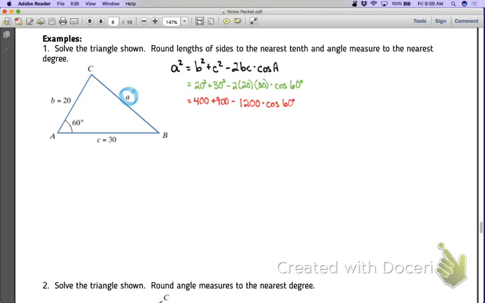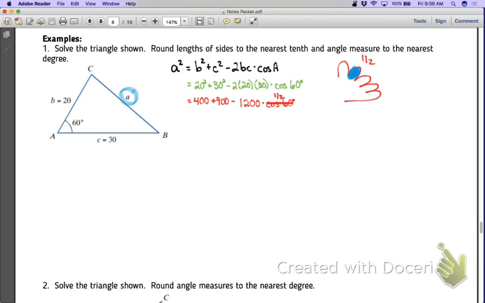Now, this one should be fairly easy because, what is cosine of 60 degrees? 1/2. So instead of 60 degrees, I can rewrite this as 1/2.